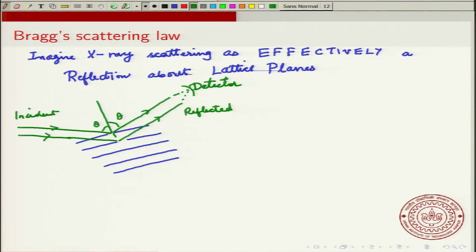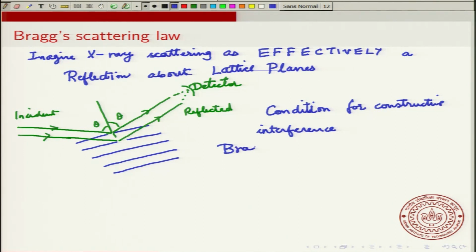Okay. And the condition for constructive interference is given by Bragg's law, which is n lambda equal to 2 d sin theta.